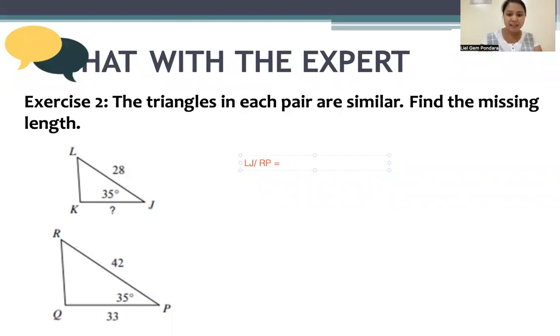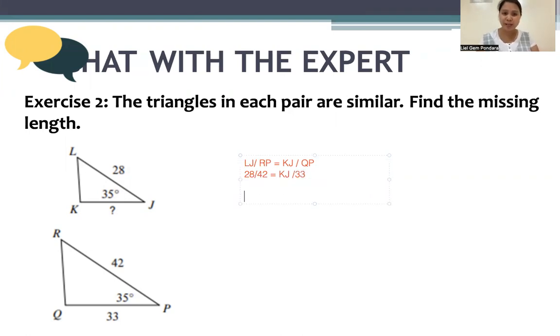And KJ is proportional to side QP. LJ measures 28 over 42. So we can have it equal to KJ, sorry, it's not KL, KJ over 33.